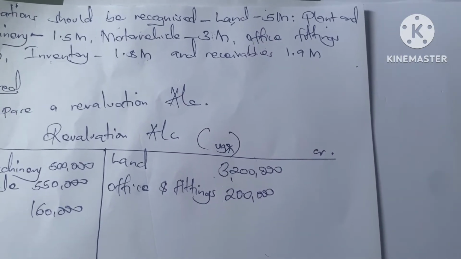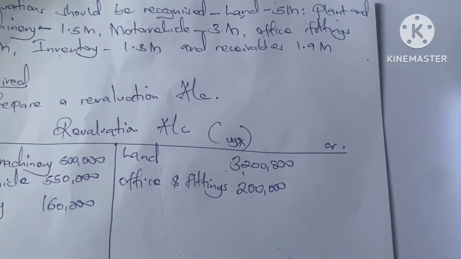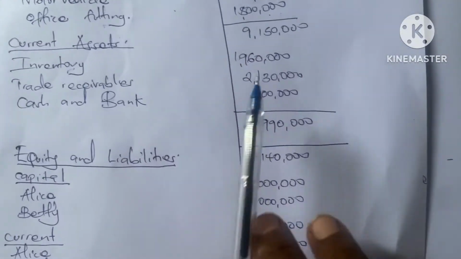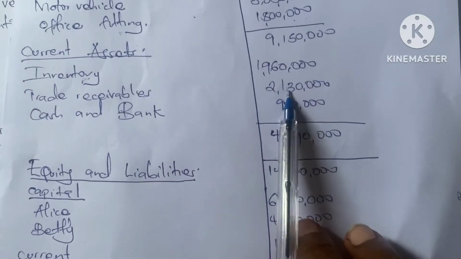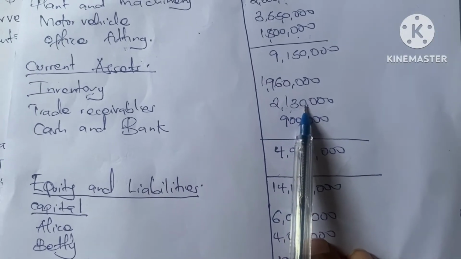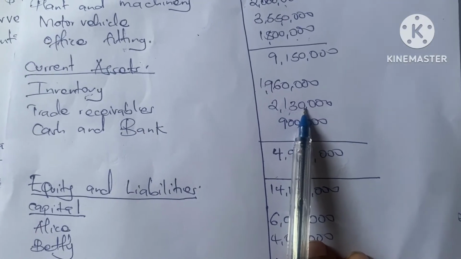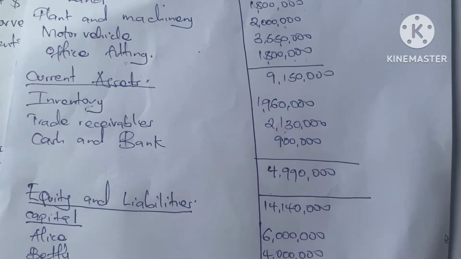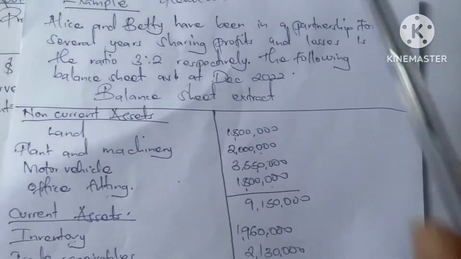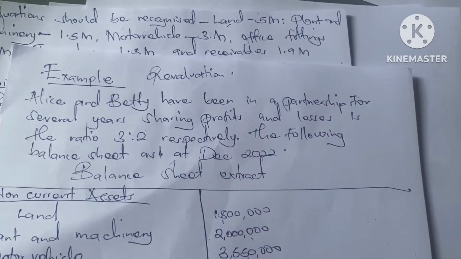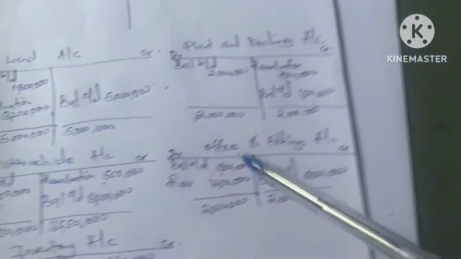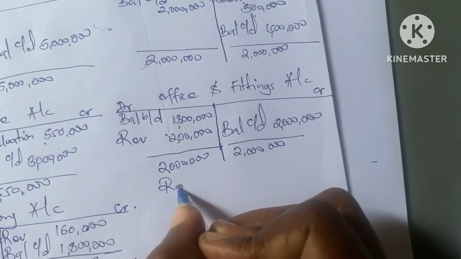It was revalued to 1.9. Here it was 2.130. So it has decreased from 2.130 to 1.9. So that there is a decrease. So we prepare the receivables account.